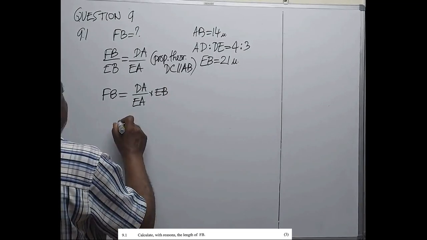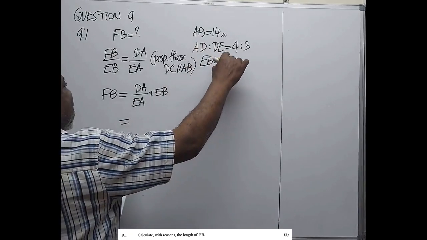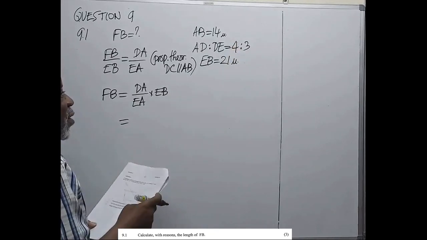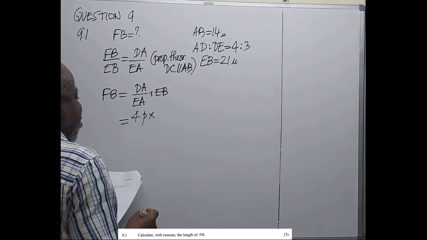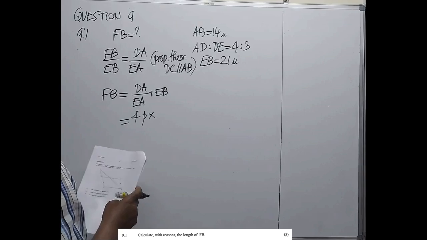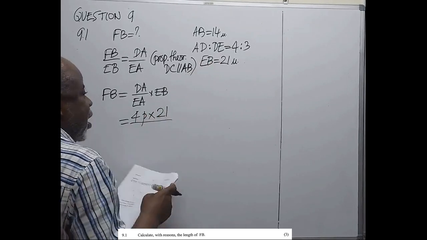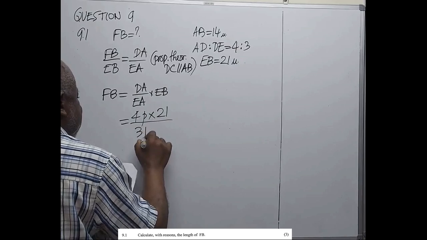So AD to DE is 4:3. So we'll have 4, as we're talking about proportion, and EB was given as 21. EA is in the ratio of 4:3, we're going to have 3.